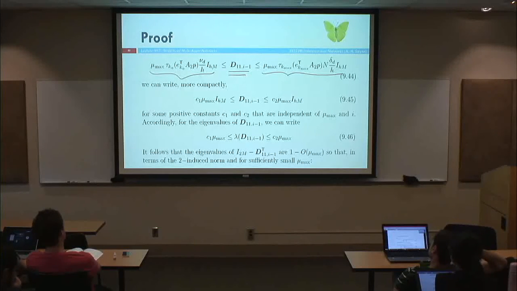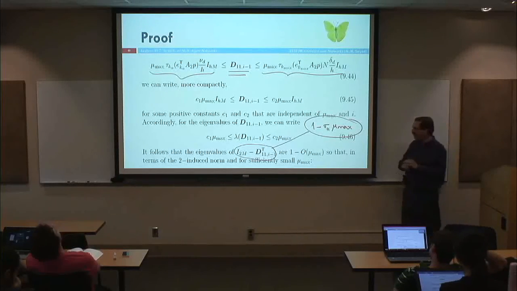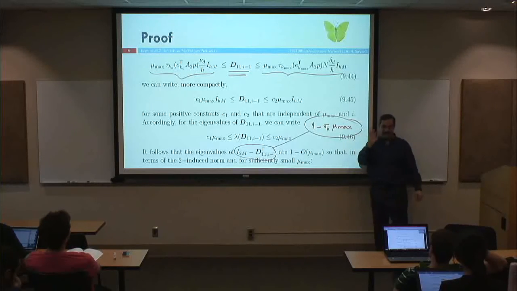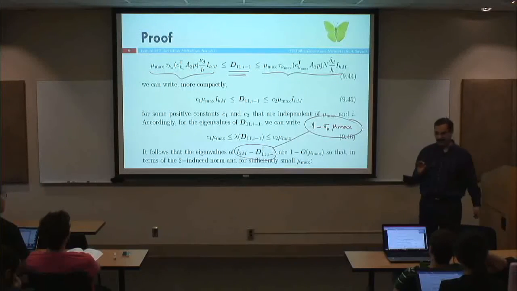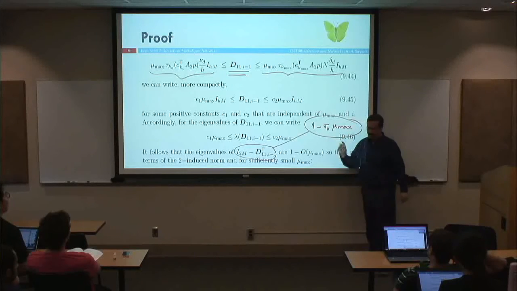Even though H is a random matrix, I was able to conclude that the eigenvalues of this matrix, which will play an important role, are of the form 1 minus some constant, I don't know what it is, but they are of this order. You understand? 1 minus something, so they are strictly less than 1. And that's why I introduced the Jordan decomposition you're going to see, so that the original, leftmost block will have eigenvalues like this.